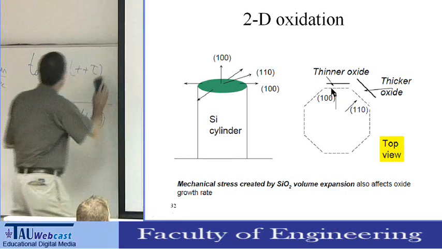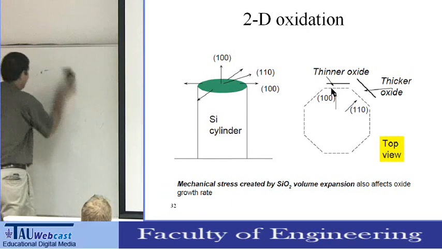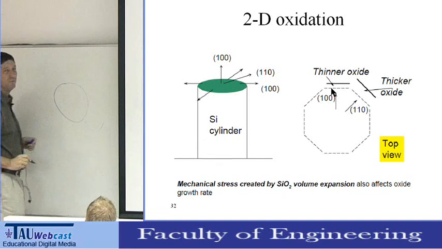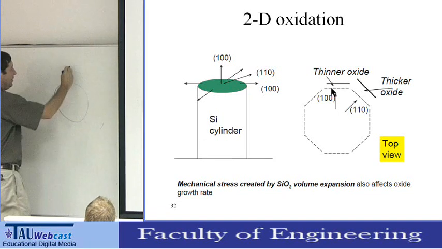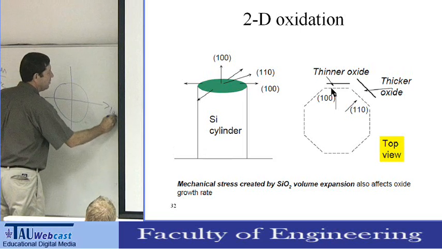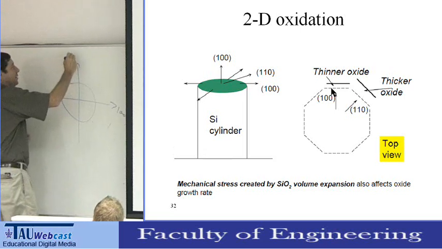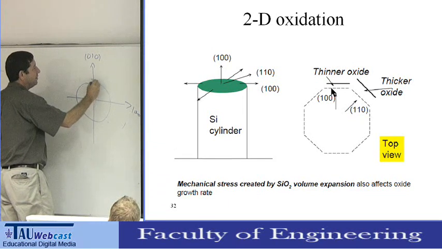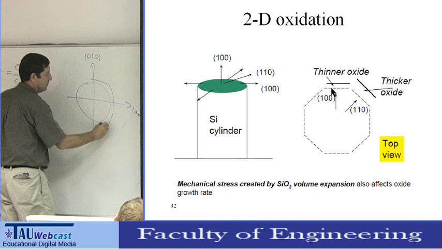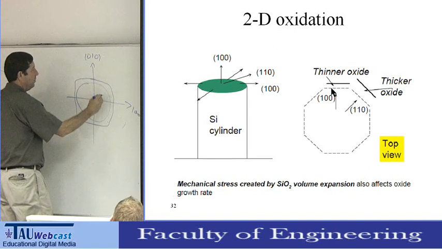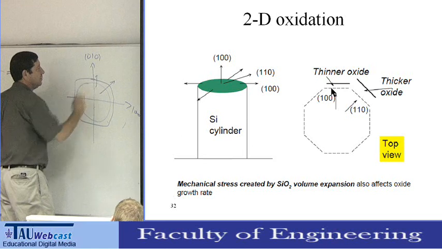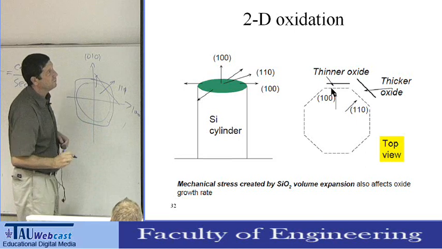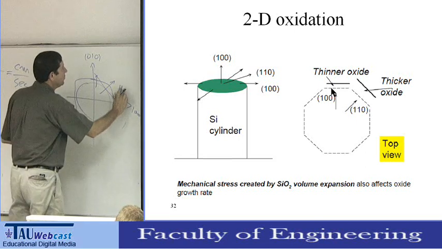If you look, this is a round circle, and this is the 100, so this would be the 010. When you oxidize it, it will grow like this. On the sides, it will grow faster than here, because this is 110, sorry, not 111, 110.